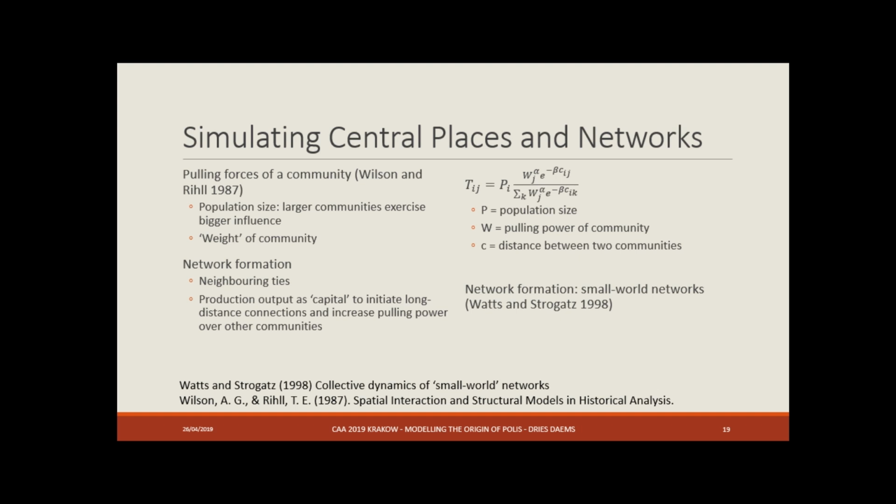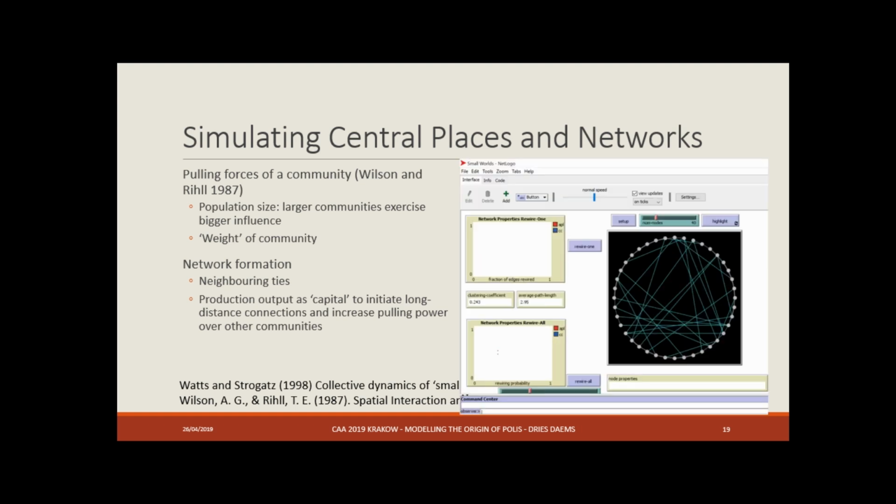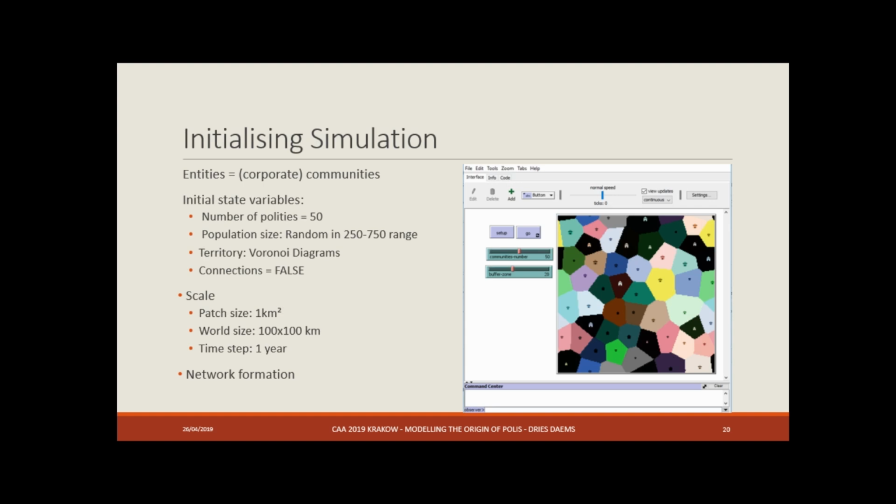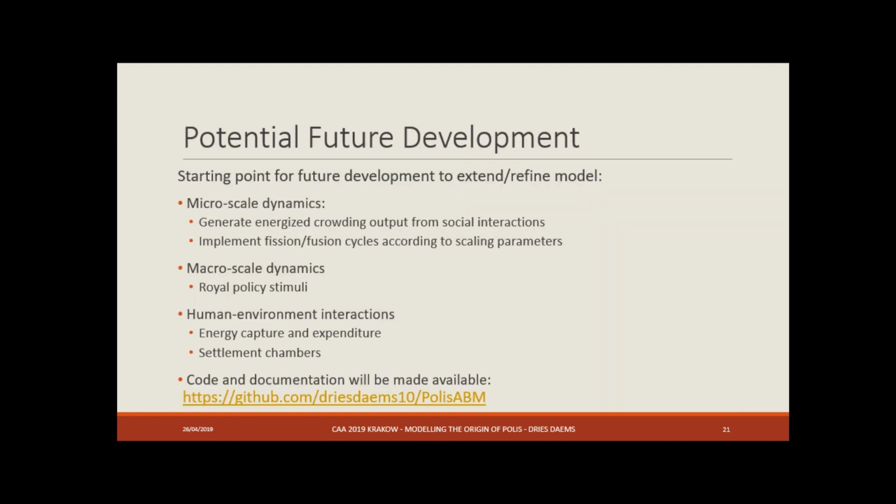So these are all existing elements that can be used to formalize and to fill in the model itself. So also the network formation is something. So the very basic layer of the model is just an initialization of polities and the territory divided by Voronoi diagrams, on which multiple layers of more detail will be added later on.